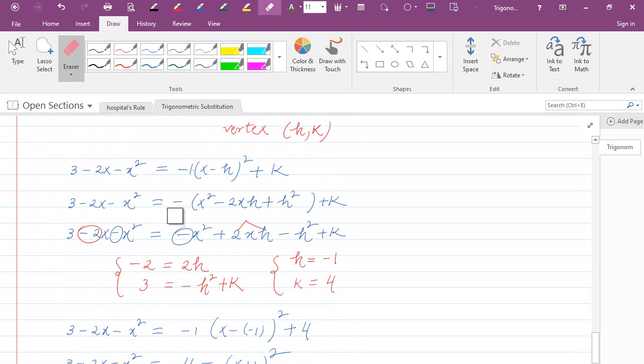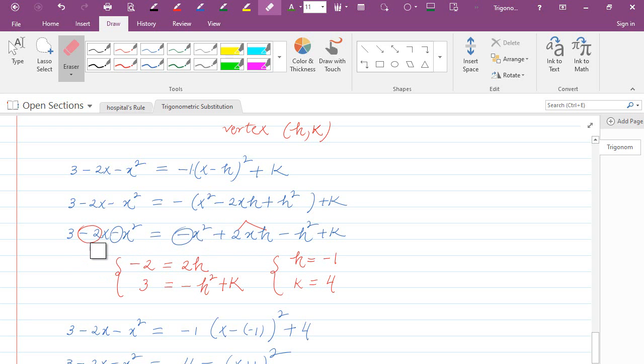And then I'm going to multiply out by the negative, so I get 3 minus 2x minus x squared here, and then I have minus x squared plus 2xh minus h squared plus k. Okay, so on both sides I have quadratic functions, so they must have the same coefficients. So notice that the coefficients of the two squared terms are the same.